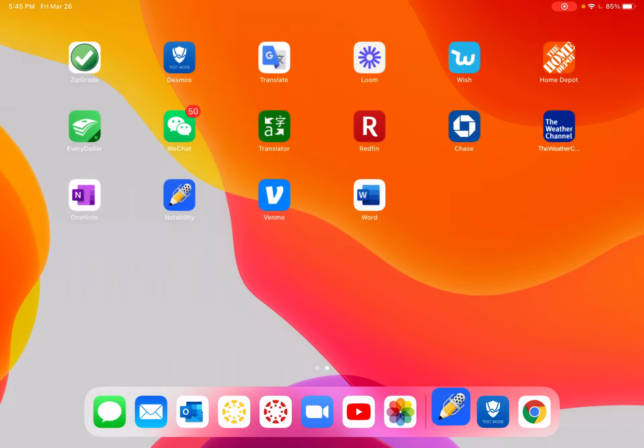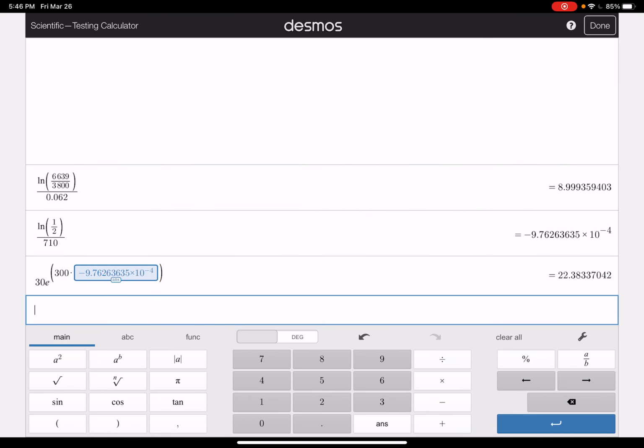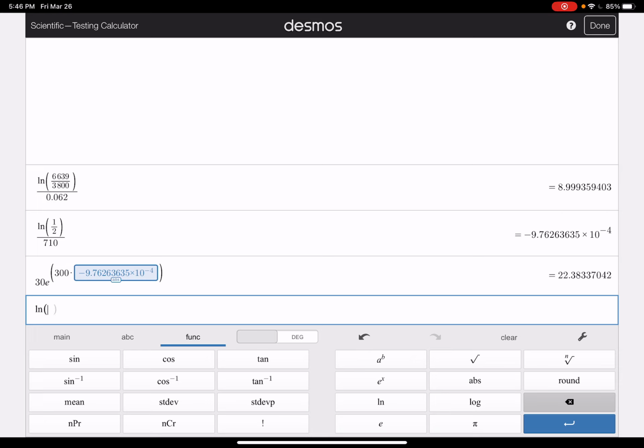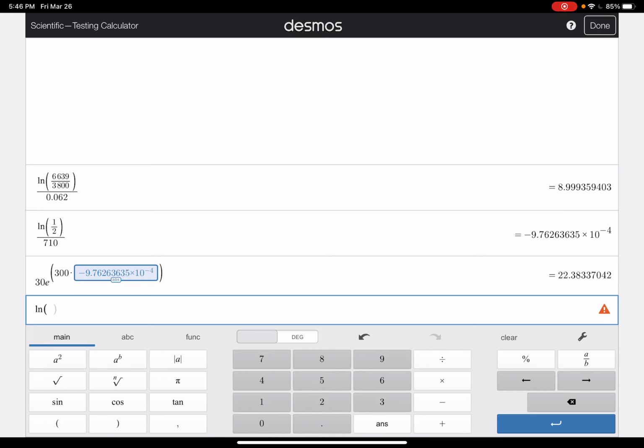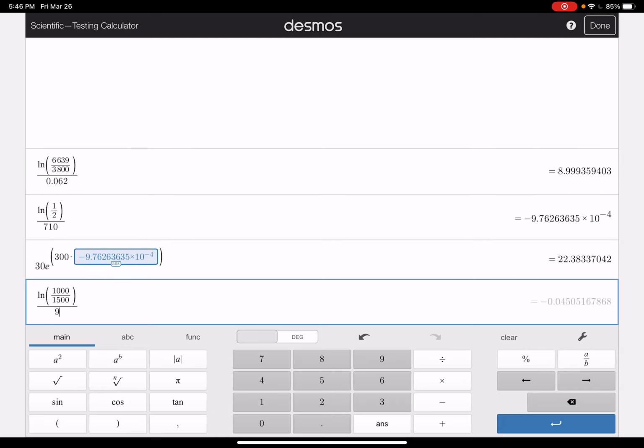Well, let's plug it in. So this is going to be ln of 1,000 over 1,500, parentheses, divided by 9. Awesome.